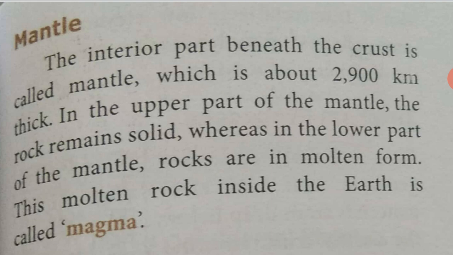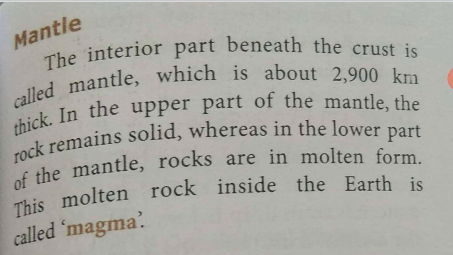The mantle is divided into 2 types: upper mantle and lower mantle. The upper mantle consists of rocks that remain solid. The hard rocks are in the upper part of the mantle, whereas in the lower part of the mantle the rocks are in molten form. Molten means made liquid by very great heat.